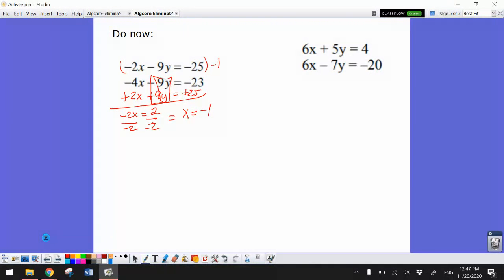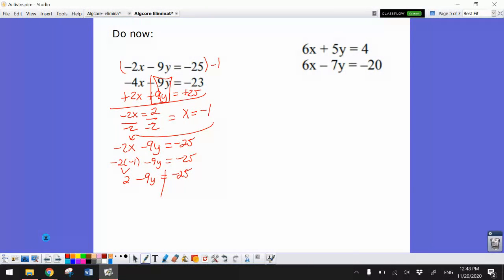Now this one, ultimately, there is no such thing as one with no negatives. So I'm just going to have to pick one. And I'm going to go ahead and just pick the first one, -9y. And I'm going to drop in that -1 for my x. Now I just got to make sure and not lose my negatives. So -2 times -1, that's 2.